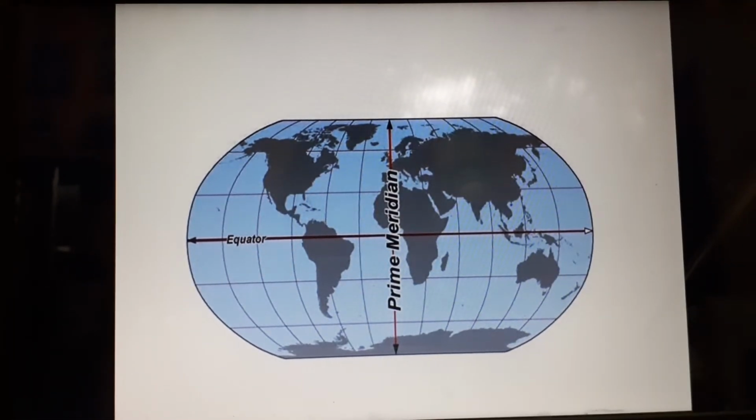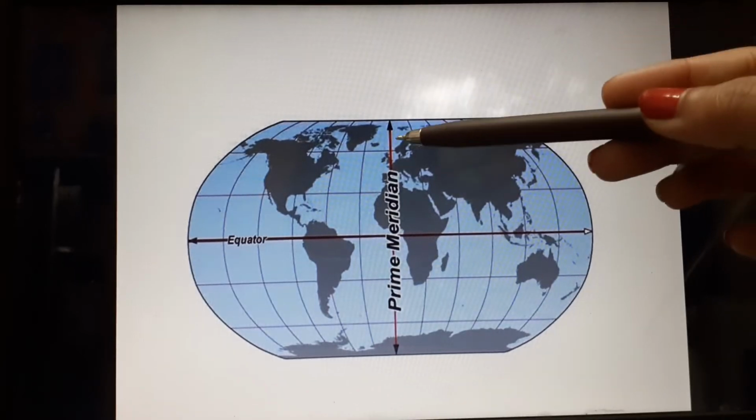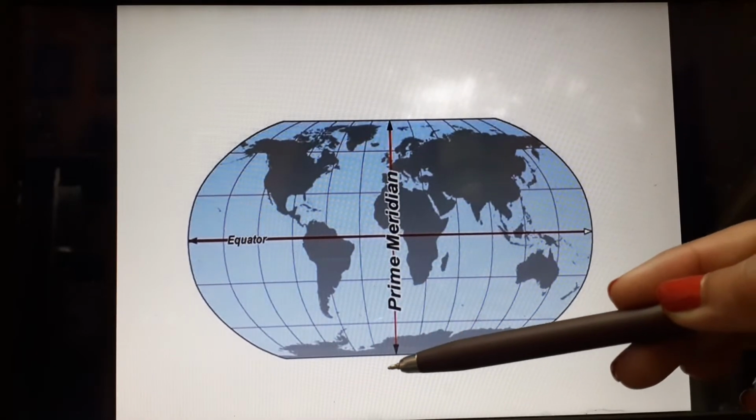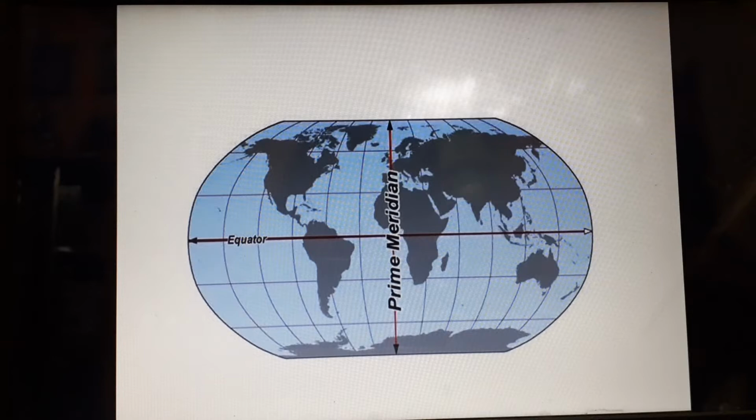Now, the equator is located in such a way that it is at equal distance from the poles. So, what is a pole? The extreme up is the north pole and the extreme down is the south pole.